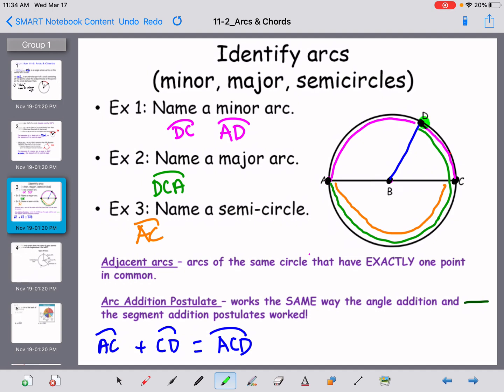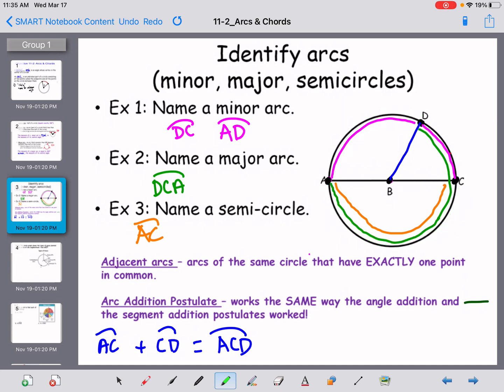It would be D, C, and then all the way around to A. We could also name that arc as D, A, C. Okay, so we could go backwards, counterclockwise, and also name that arc.